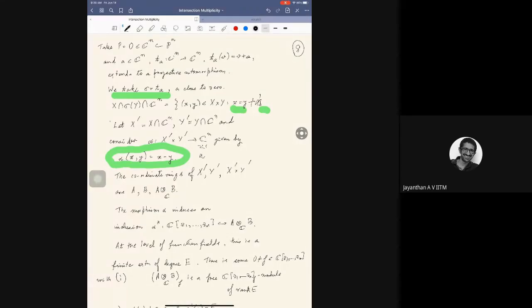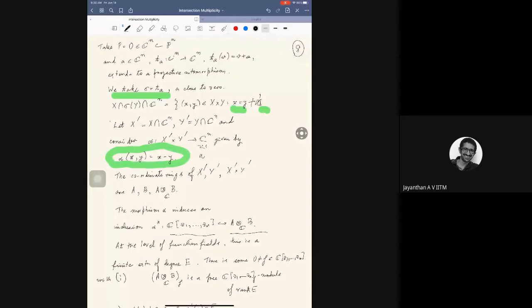So first, let's see how does one find out how many inverse images there are. We know this from field theory. You have the coordinate ring of affine space, which gets included inside the coordinate ring of X prime cross Y prime.